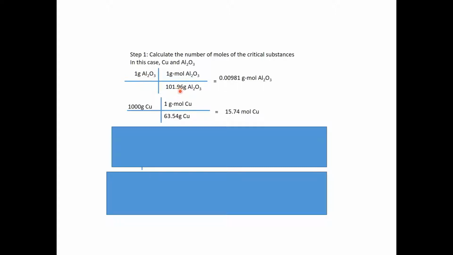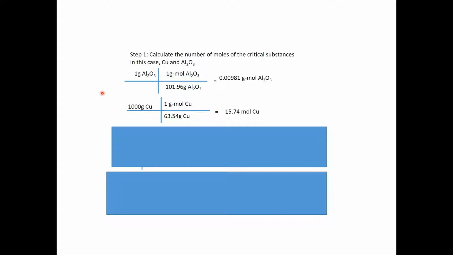We know the molecular mass of alumina is 101.96 grams, so 101.96 grams per mole. We can use our railroad track method here, and we can cancel grams of alumina, and we're left with moles of alumina, or specifically gram moles of alumina. So 0.00981 gram moles of alumina is what we're ending up with.